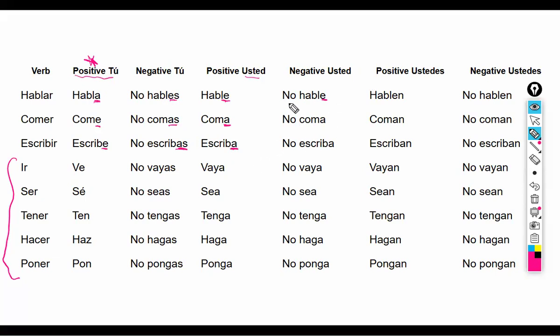Same for the negative, and then we add no as well, right? And for ustedes, we add en for AR verbs, and we add an to ER and IR verbs. Same for the negative with no as well, right?